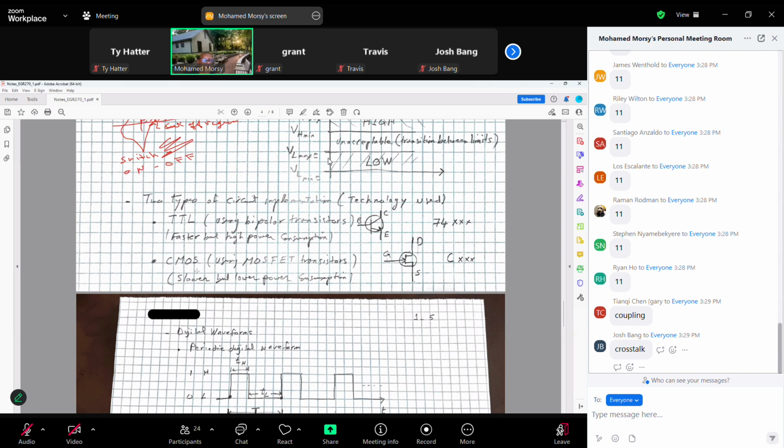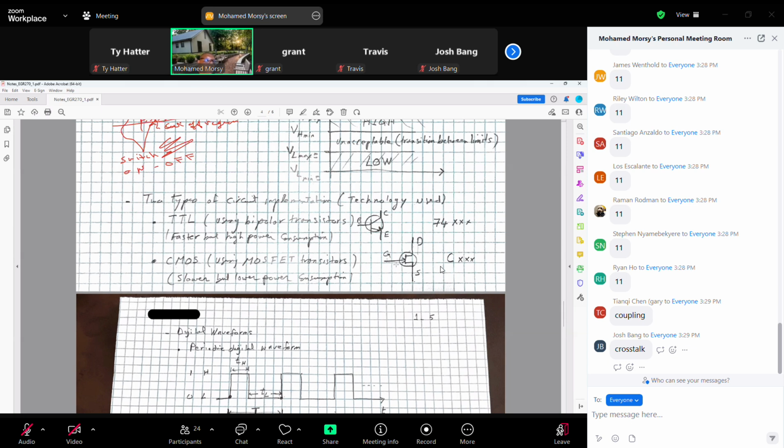CMOS is another technology, complementary metal oxide semiconductor, and the transistor used here is called MOSFET. The symbol for this transistor is this one here. It's different technologies, different manufacturing. Here in the TTL, we know this is the base, this is the collector, this is the emitter.